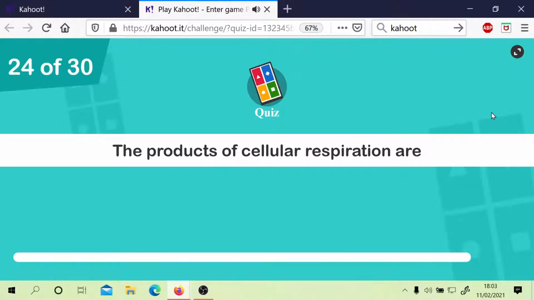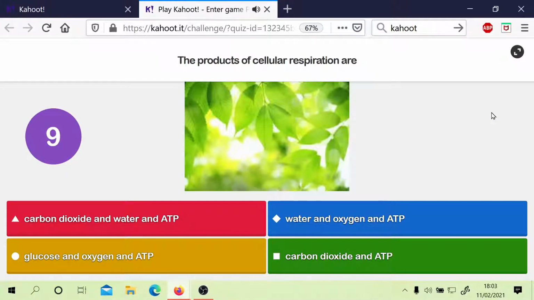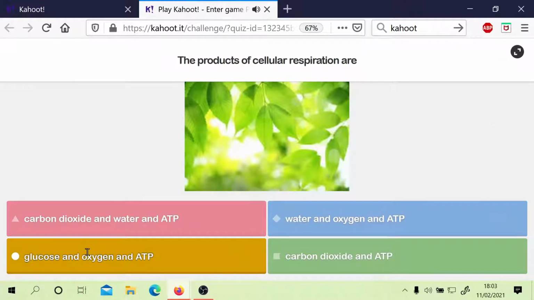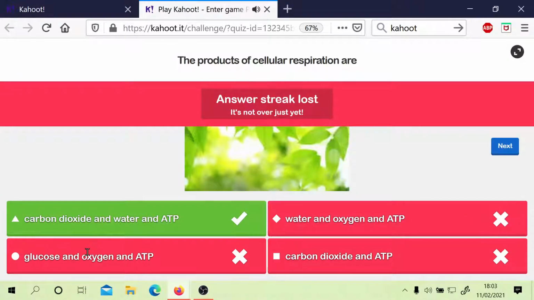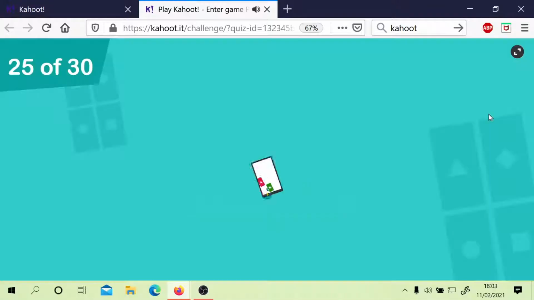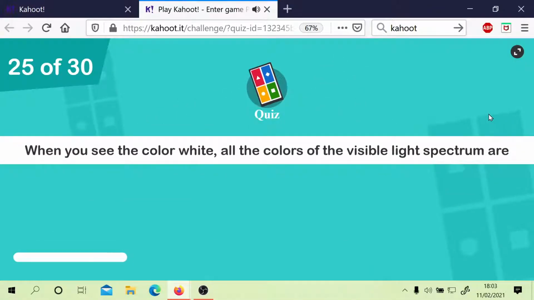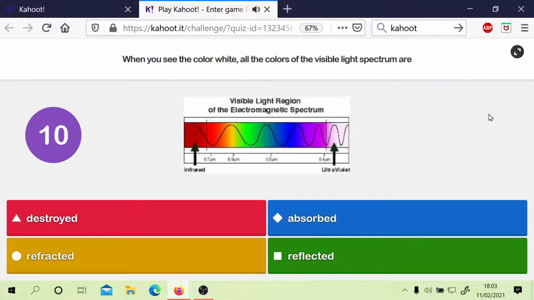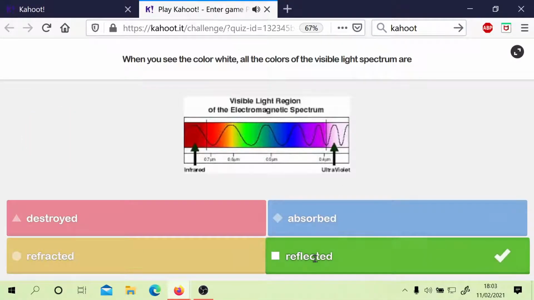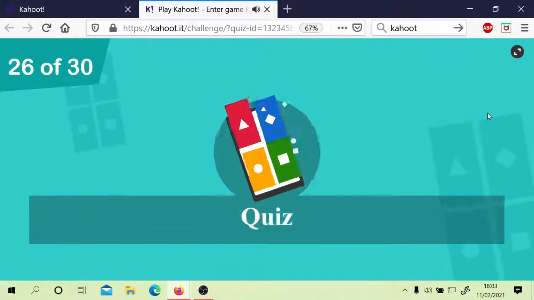Products of cellular respiration. Glucose and oxygen. Man, this bit gets me confused. Yeah, that creates carbon dioxide. Don't get that wrong.